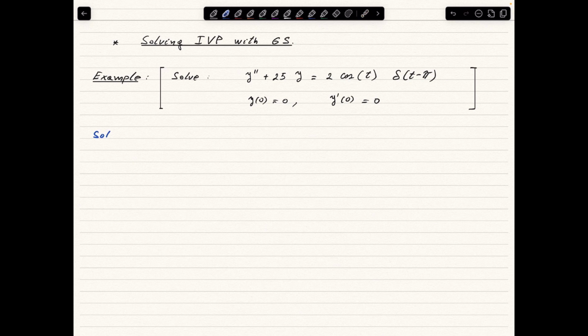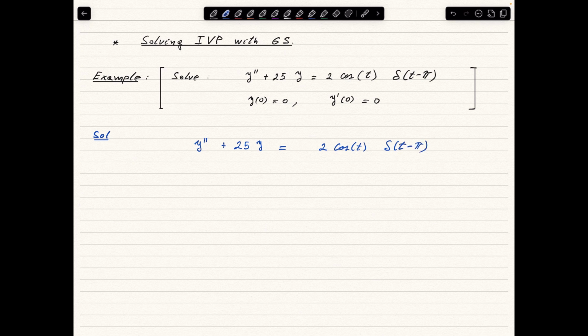Solution. So what we need to do is write down the equation for the spring, which is y double prime plus 25y, and this is equal to 2 cosine of t times the impulsive term delta t minus pi.